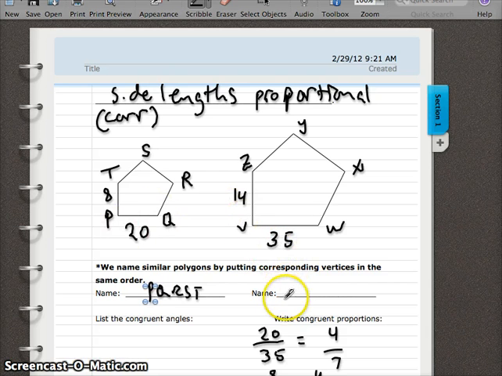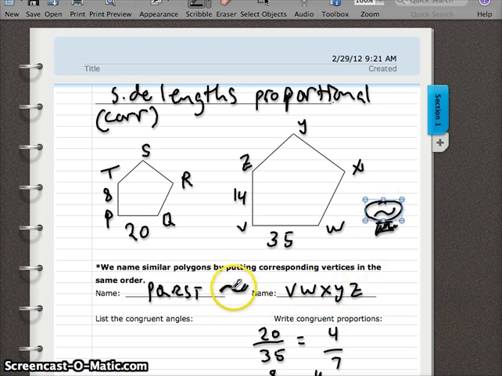So P and V are corresponding, so I have to start there and then name them in the same order that I named these. So V, W, X, Y, Z. And the symbol that we would put in between them to say that they're similar looks like a little tilde. And if you remember, the congruent symbol looks like that. Well, they're not equal, so we take away the equal part of it, and we just say that they're similar. So that's the similar symbol right there.